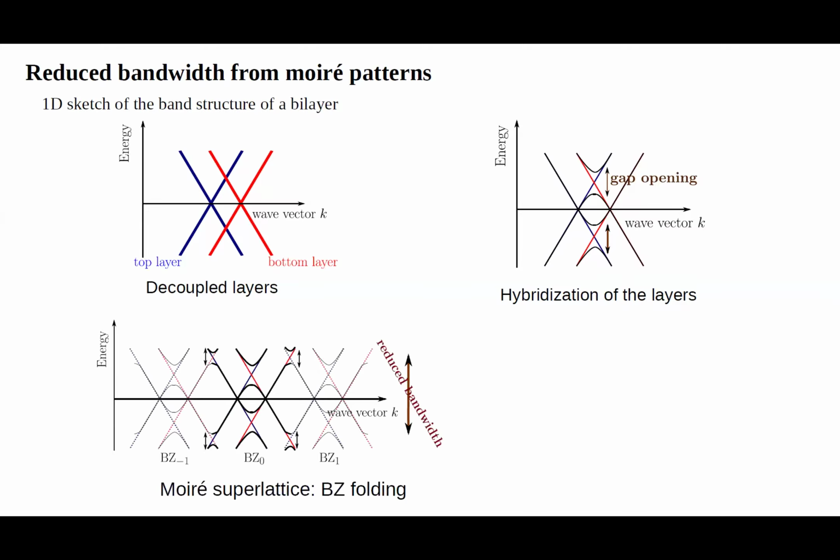And additionally, because you have this moire pattern, there's going to be an effect from the moire potential in terms of a Brillouin zone folding. So in real space, you now have a much larger lattice constant, meaning that now your Brillouin zone in momentum space is much smaller.